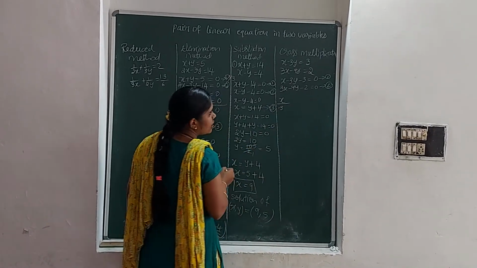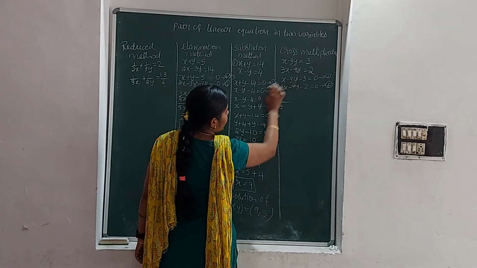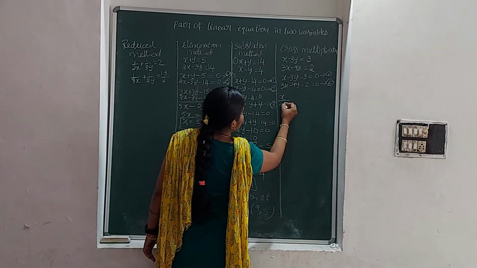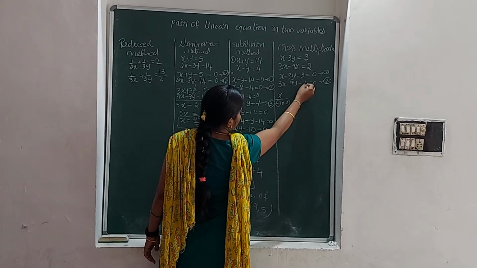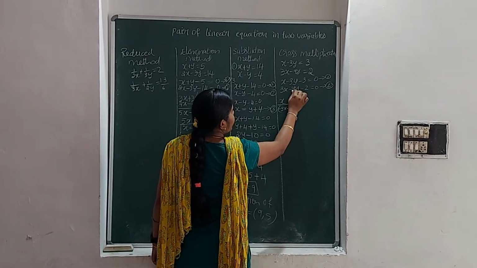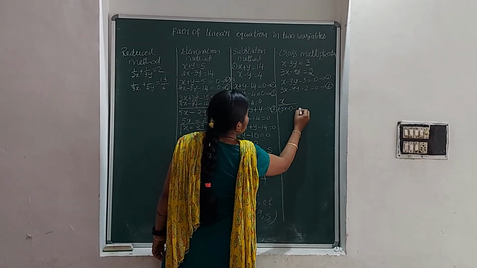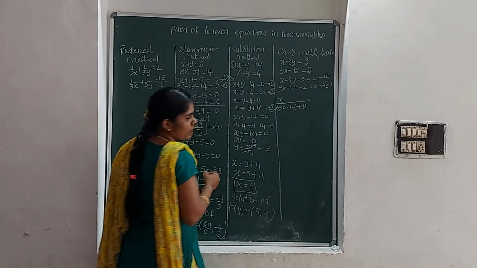You have to concentrate on the sign also along with the coefficient of y. Okay, minus 3 into minus 2. This one I am going to cross, and minus of, again this and this. Okay, so minus 9 into minus 3. So this is the solution for x.